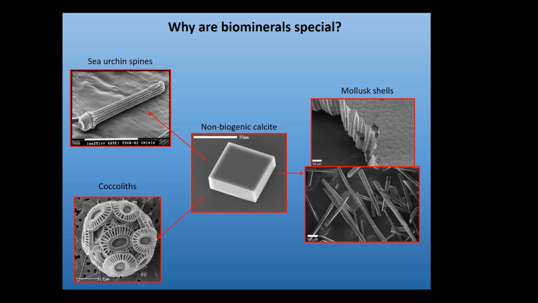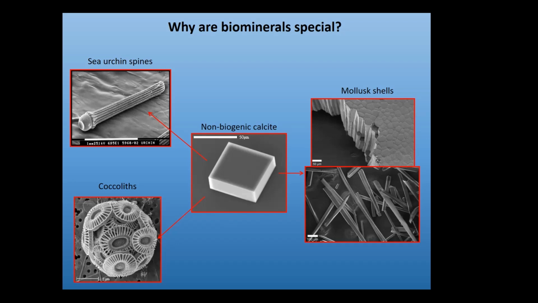And these are exactly the kind of questions that many people in the field, myself included, were trying to answer. How do organisms like coccolithophores, mollusks or sea urchins control the crystallization of materials like calcium carbonate and calcium phosphate, to go from crystals that have, one, completely different shapes and, two, completely different material properties?